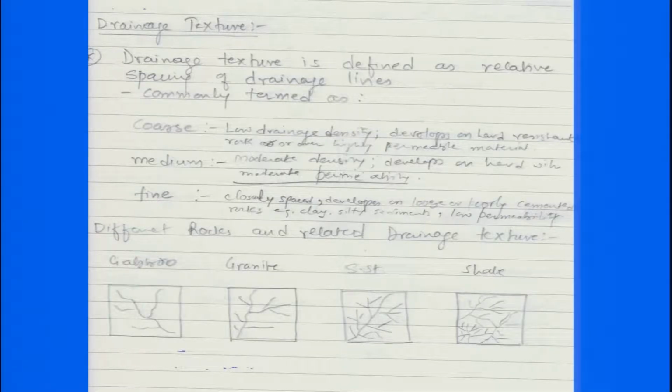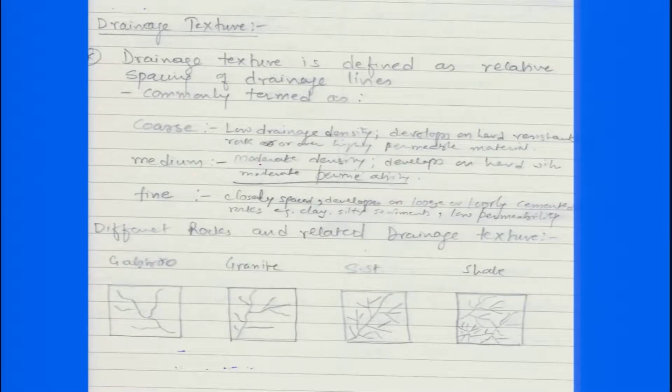The drainage texture is defined as the relative spacing of the drainage lines, that is the small tributaries or the main ones, commonly termed coarse if you have low drainage density, which develops on hard resistive rocks or over highly permeable material. You will have very few drainages available, so we term this a coarse drainage.